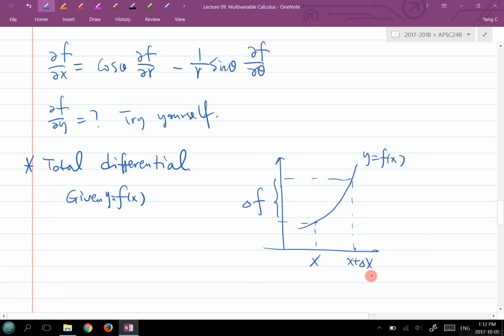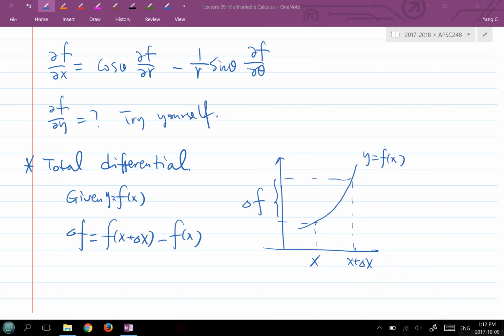That's a very simple question when we learn the function of a single variable. Of course delta f equals the function f at x plus delta x minus the value of the function at x. Subtract each other, you get delta f.